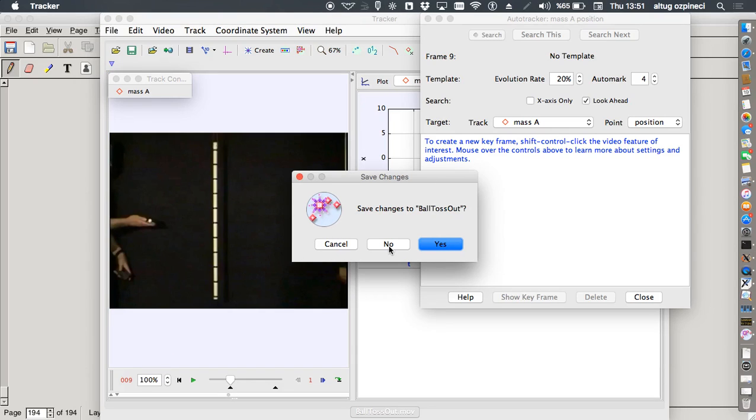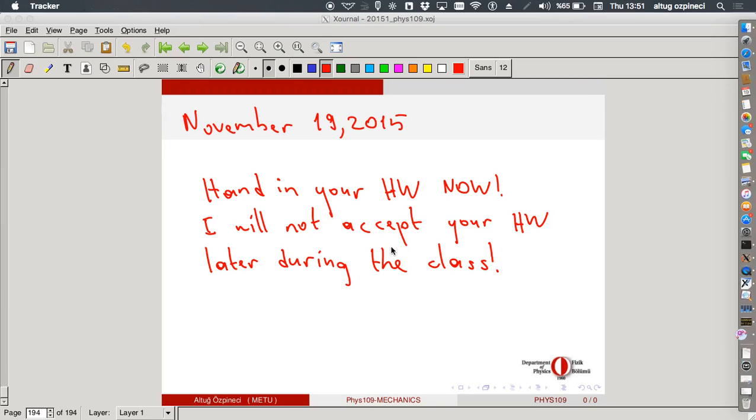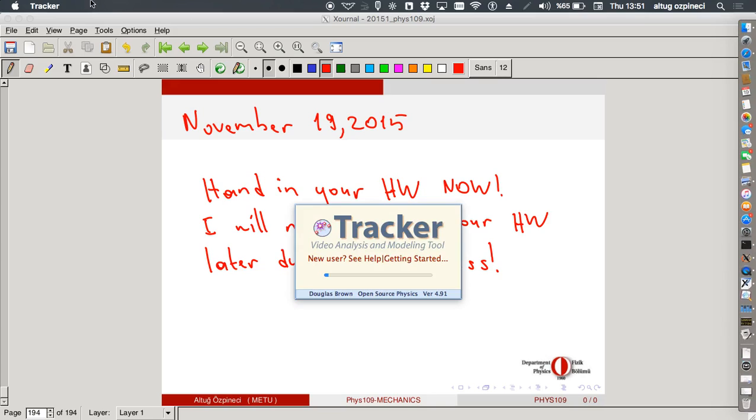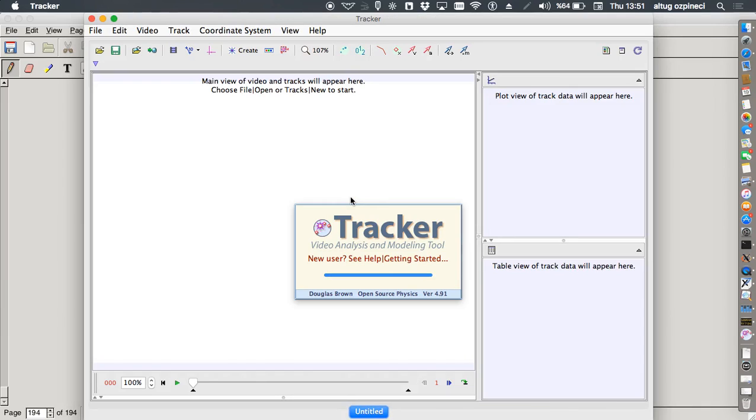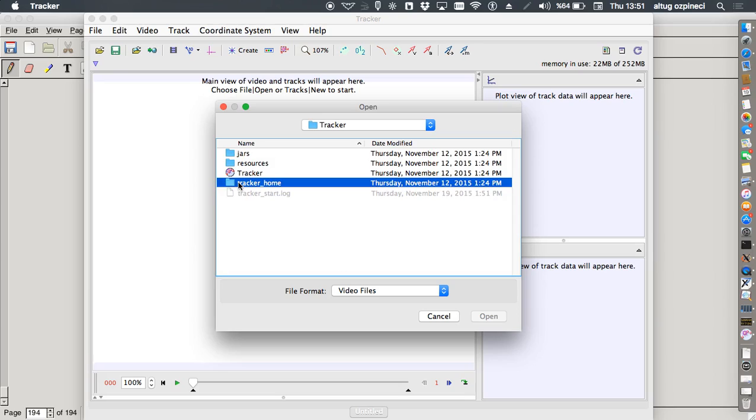Okay, it doesn't work. Now what we will do is we will just follow this mass, and then we will be able to determine its position, the speed as a function of time, various components of the speed.